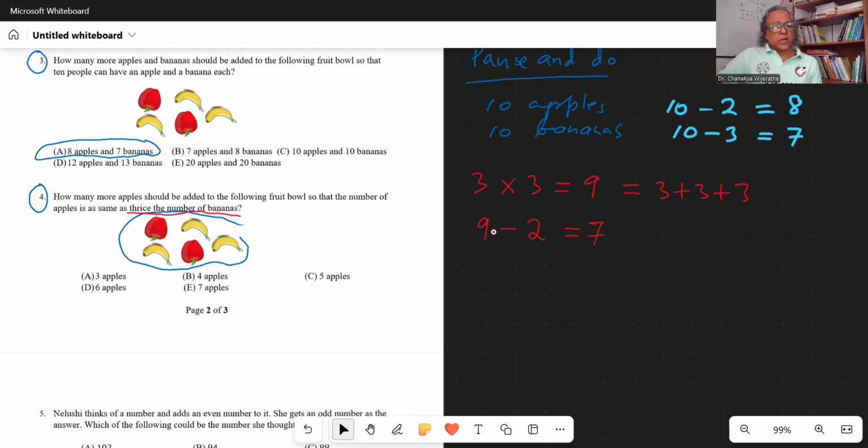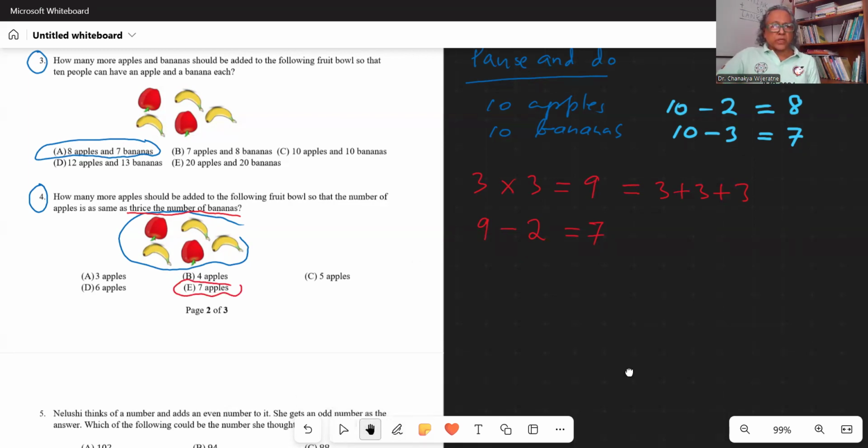So you have to get through these words, understand what they mean, and turn that into math so that you can do the problem. So the answer is 7 apples.